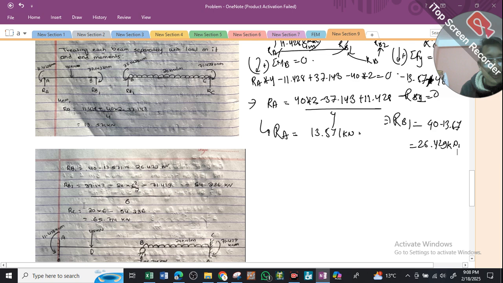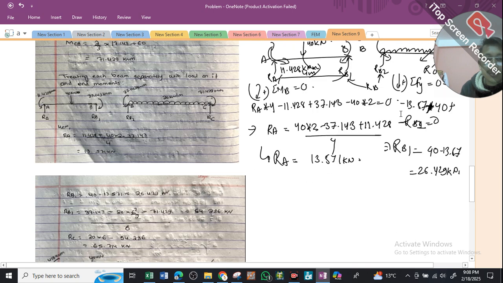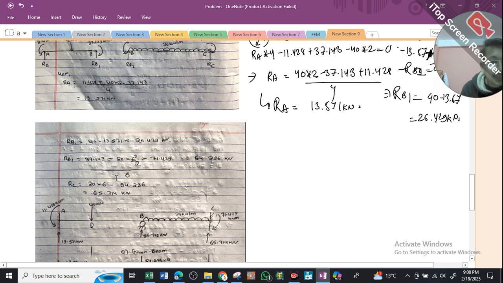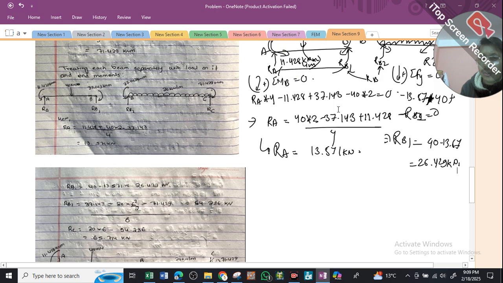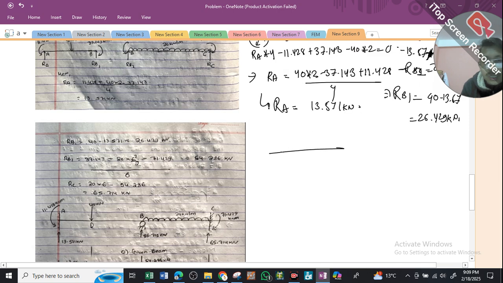Take moment at C equals to 0. This is going to be a really simple process. You can have a little bit of confusion regarding the UDL, so hopefully you know how to convert a UDL into a point load. Let me explain that. This is my UDL of W per meter, acting over a distance L. To convert it into a point load, we simply multiply W with the span, and it acts at a distance of L by 2.